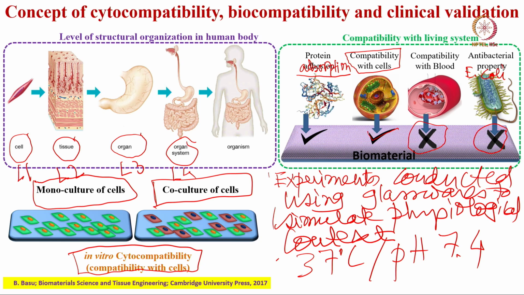Then you compare, for example, the same cells grown on a cell culture flask, what is the growth kinetics of these cells, like at different points of time how the cell number increases, and with respect to that, if you grow on a particular synthetic material substrate, what is the growth pattern of the cells. Then you compare between these two, then you say, okay, this particular material can support the cell growth, cell proliferation. So, it is a sign of good cytocompatibility of the material.